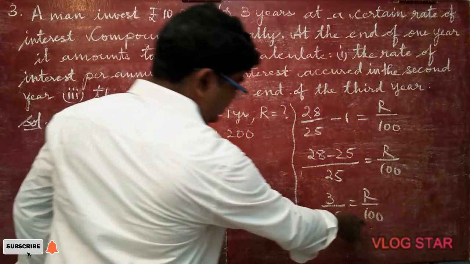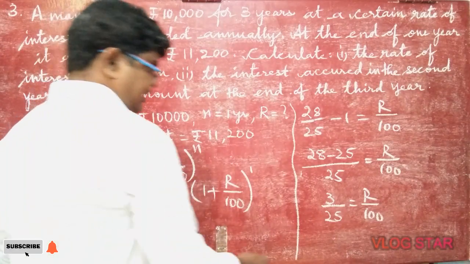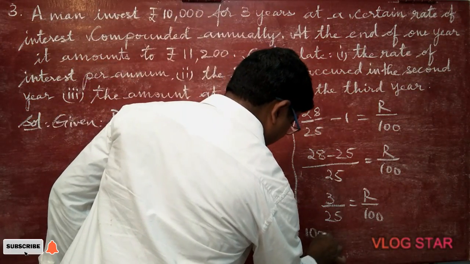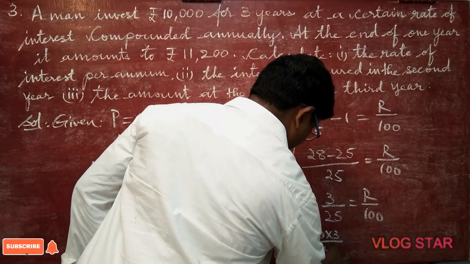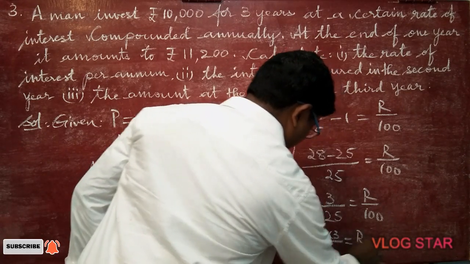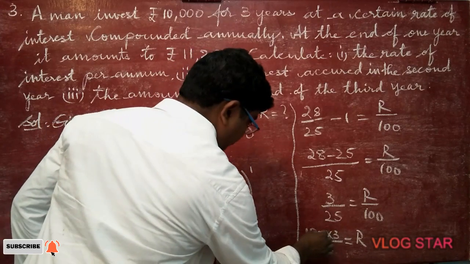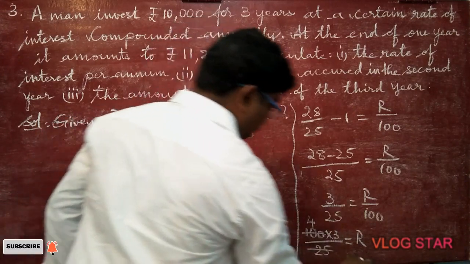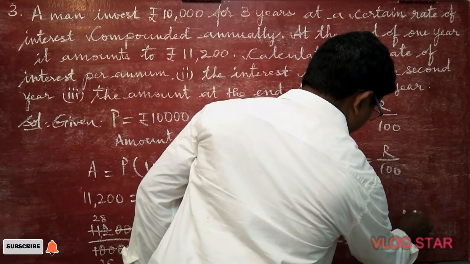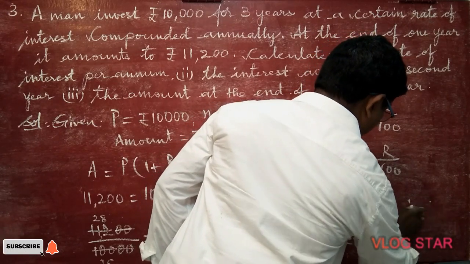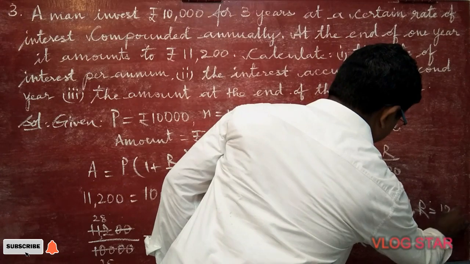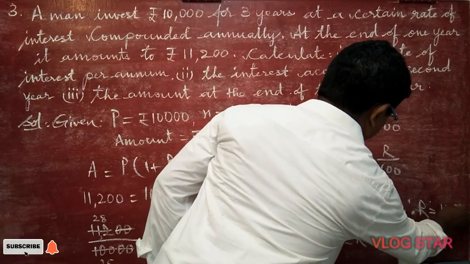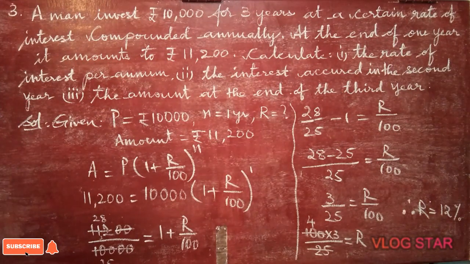Bring this denominator this side, becomes numerator. So 100 into 3 by 25 is equal to R. 25 goes 4 times. 4 3s are how much? 12. So therefore R is equal to 12%. How much we got? Rate 12% we got.